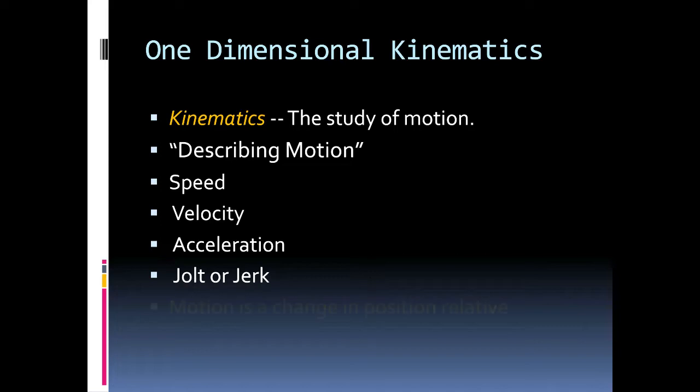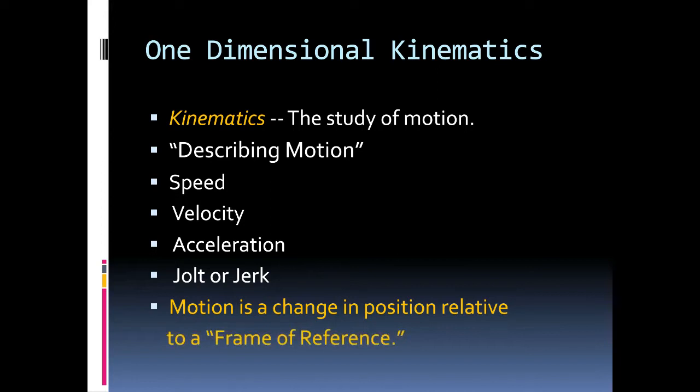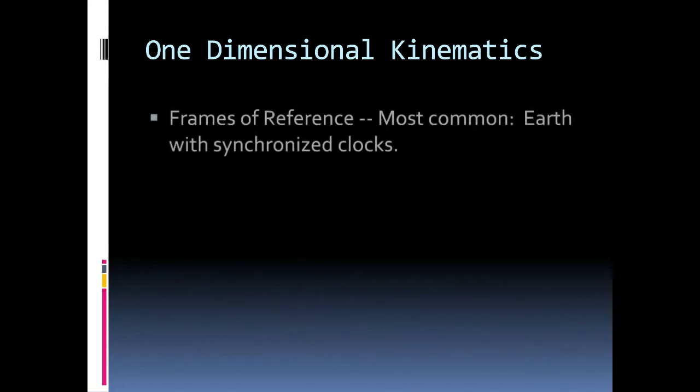Now, when we talk about motion, we're talking about a change in position relative to a reference frame. Our most common reference frame is the Earth with synchronized clocks. We do say all motion is relative because it's relative to this reference frame. We have to choose our reference frame first before we start asking questions about motion.